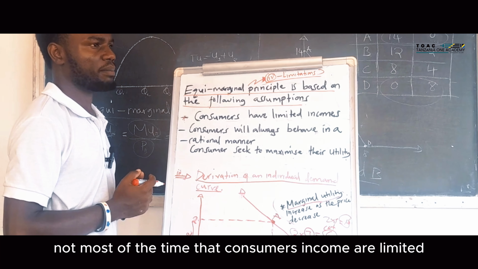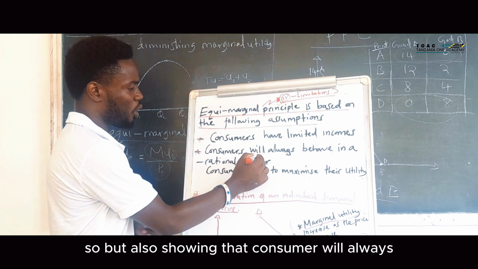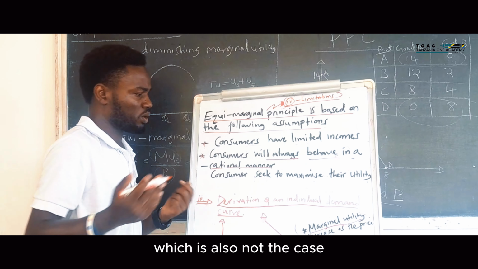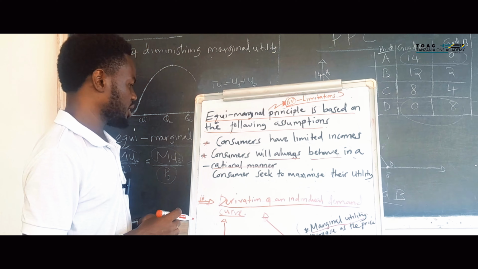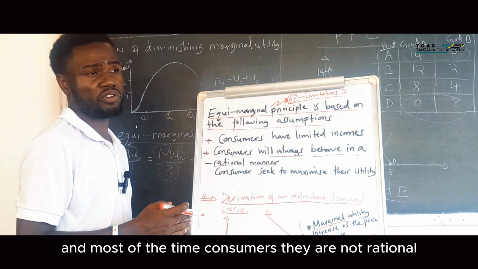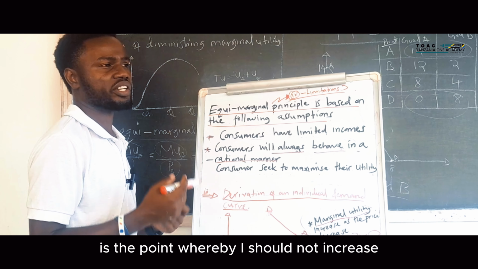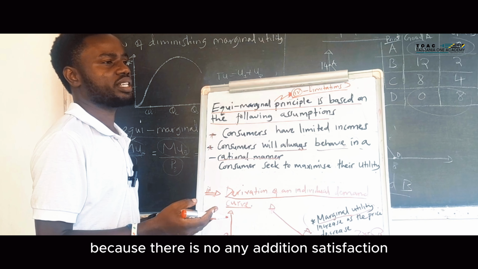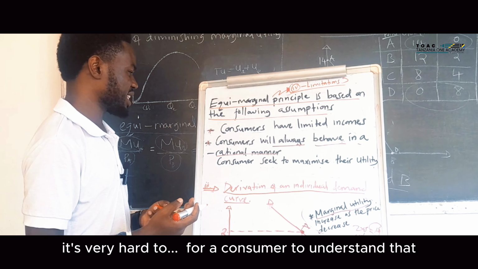They also assume that consumers will always behave in a rational manner, which is also not the case. Not always are they rational, and most of the time consumers are not rational. They cannot understand that this is the point whereby I should not increase commodity A by decreasing commodity B because there is no additional satisfaction. It's very hard for consumers to understand that.